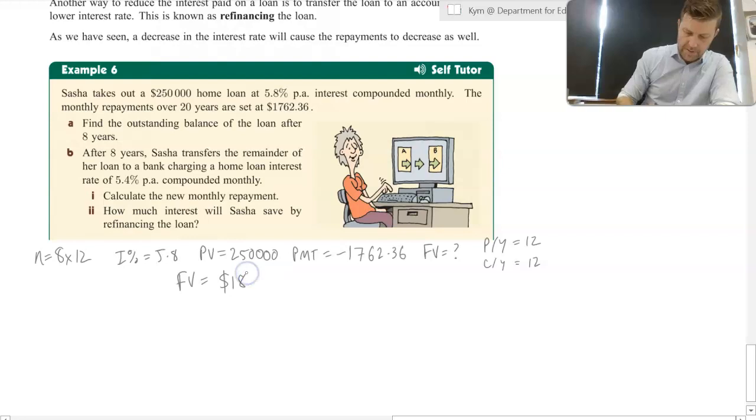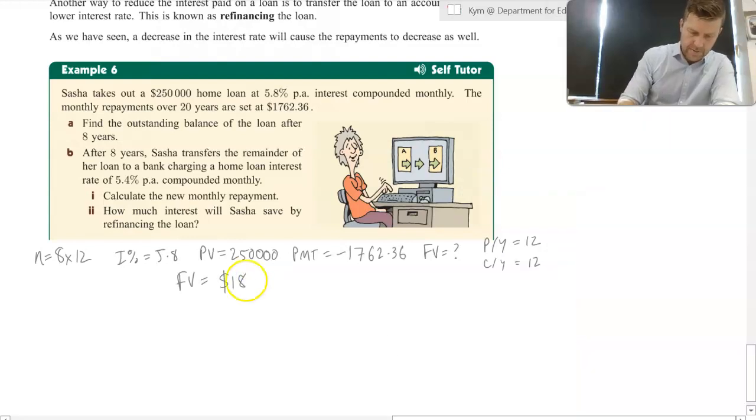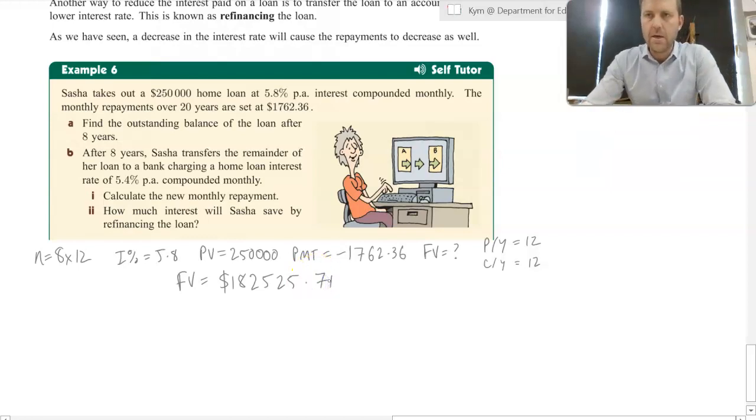So what do we work it out to be? $182,525.71. So at the end of 8 years, Sasha wants to take the rest of that loan and go to a different bank, because it's got a better rate here of 5.4% per annum, again compounded monthly.